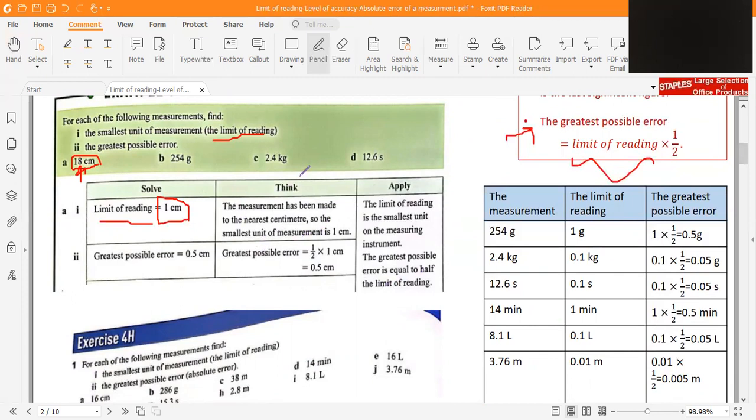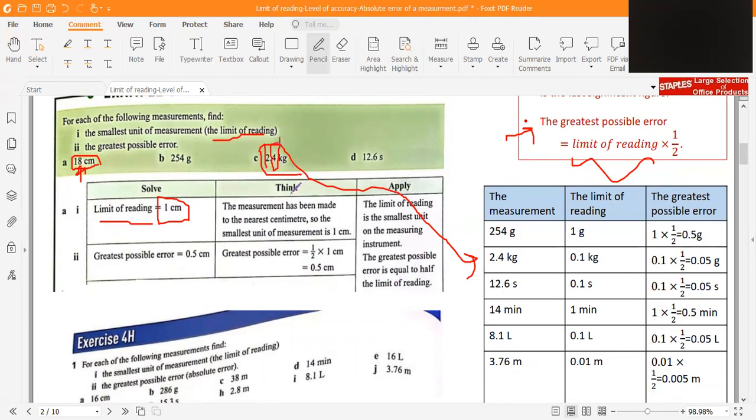For example, 2.4 kilogram. First, the limit of reading is not indicated, so we should search for it ourselves. We search for the last significant figure. So the first one, the second one, which is the last one.